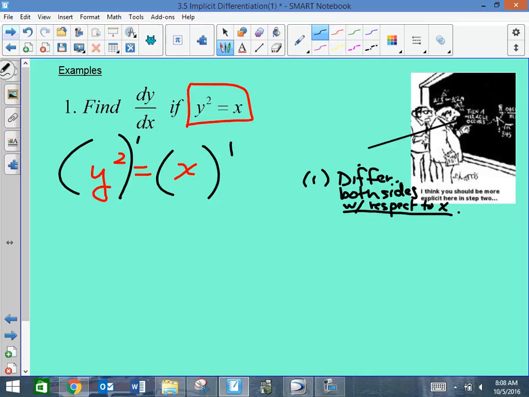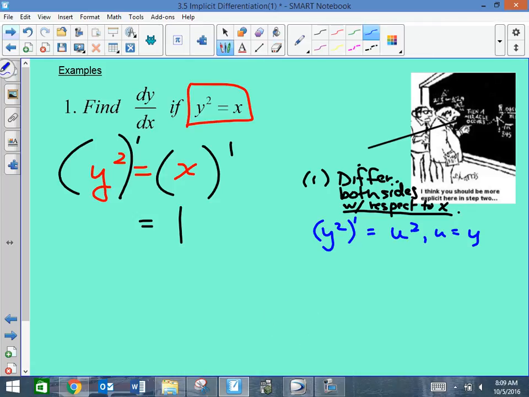All right, now, of course, this side is easy. What's the derivative of x? 1. Okay? Now, y squared is a chain rule. So, derivative of y squared, where u is y, and y squared is really u squared. I know it's weird, just stick with me for a minute.